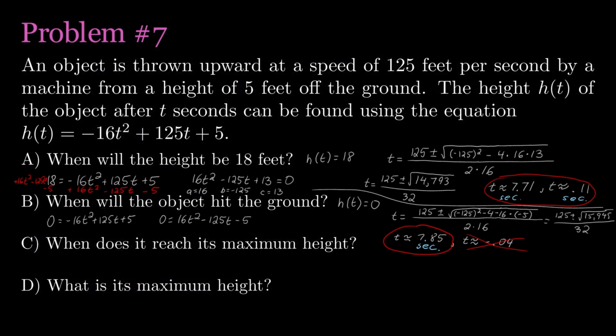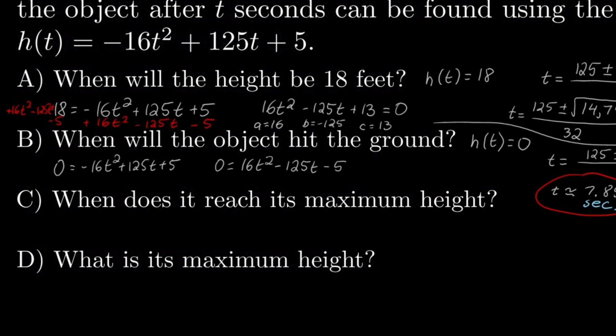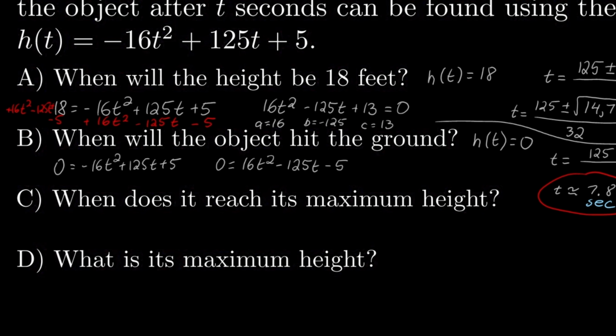Next question is, when does it reach its maximum height? Whenever we have questions about a maximum, the largest, or anything like that, at least in this course, we are asking for the vertex of the parabola. We have already A, B, and C identified, so we can find the x-coordinate of the vertex, which we usually denote by h.